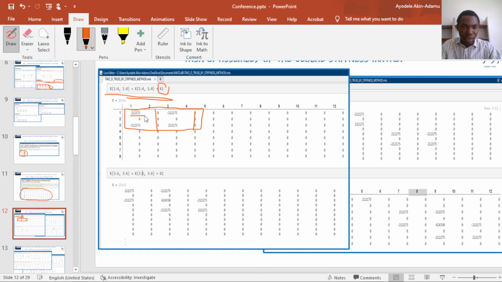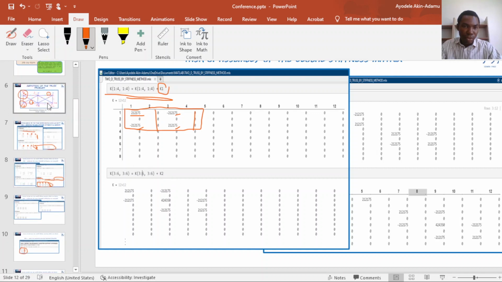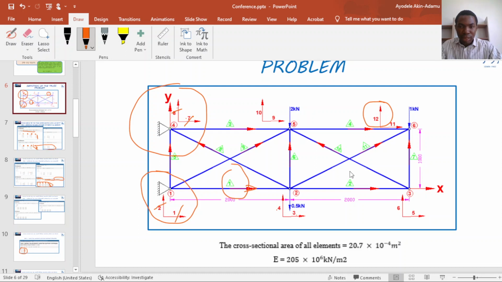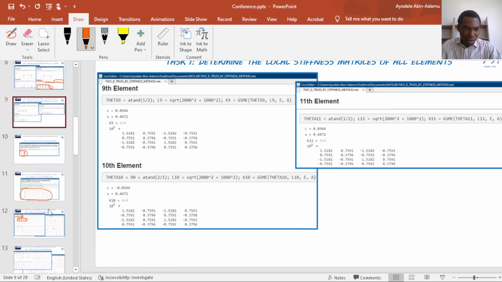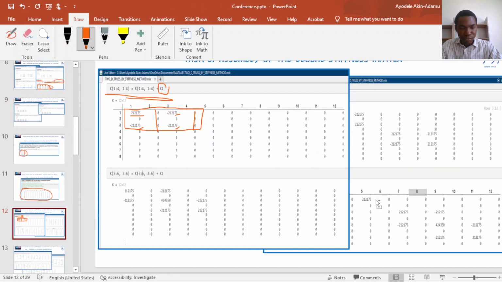We only have values here. So this line of code adds K1 to our zero matrix. We also need to add K2. For K2, I think I should copy this image to this position, so I don't need to be switching.